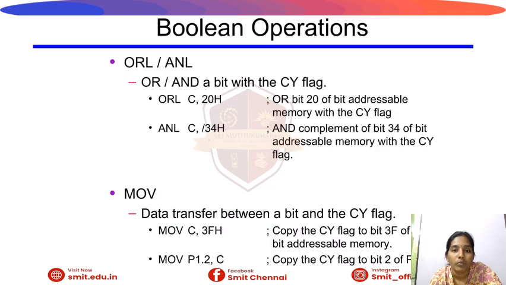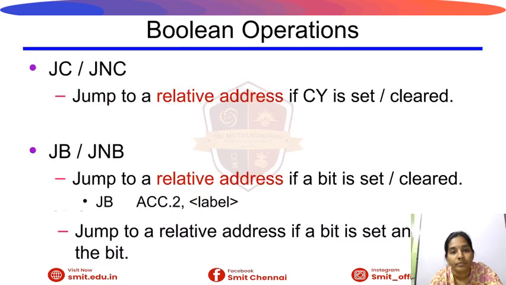Next, ORL and ANL are OR and AND operations with the carry flag. JC and JNC are jump instructions with the carry flag. JB is also used for a jump to a relative address with a bit. B represents the bit.